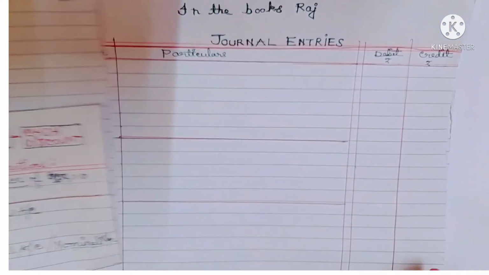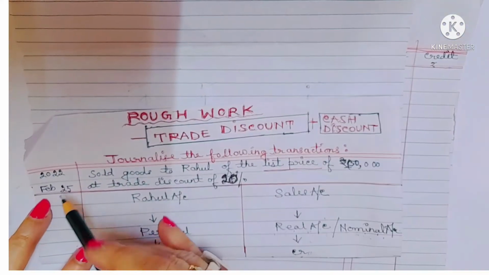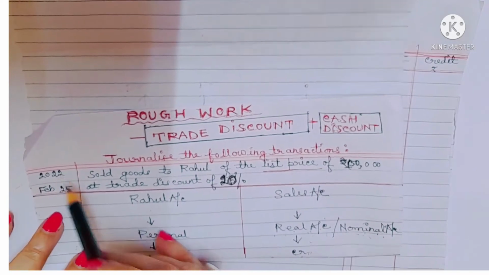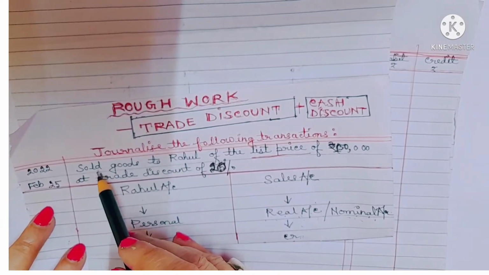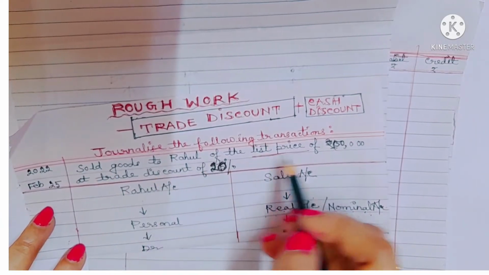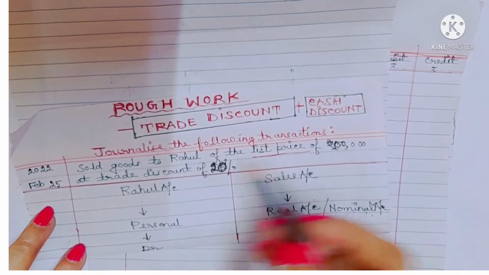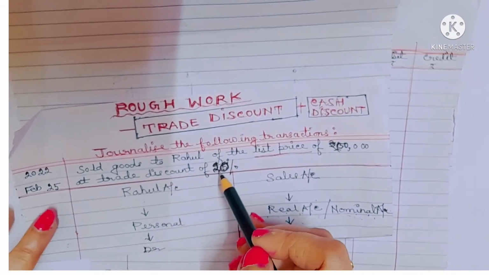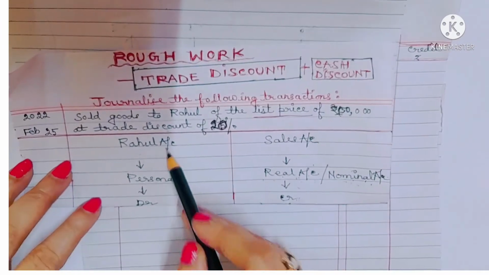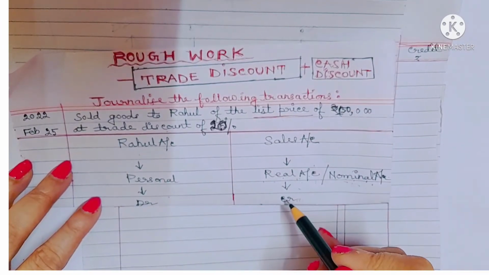So what was the first transaction? On 25th February 2022, sold goods to Rahul of the list price of 1,50,000 at trade discount of 20%. So Rahul account debit, sales account credit. So let's do it.